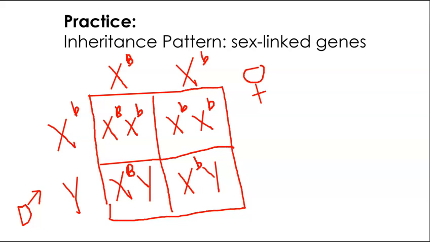Now, the next question is asking about males and females. So in this combination, we do have 1 out of the 4 boxes. So a 25% chance of a daughter, a female being colorblind here. So this box right here, 25% chance of having a daughter that is colorblind.